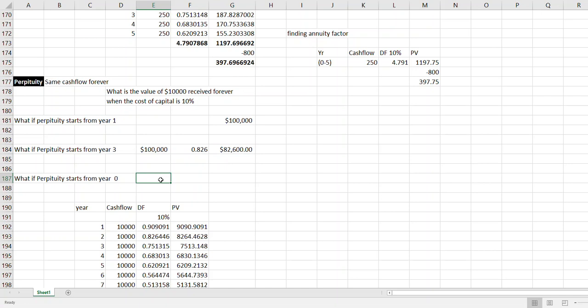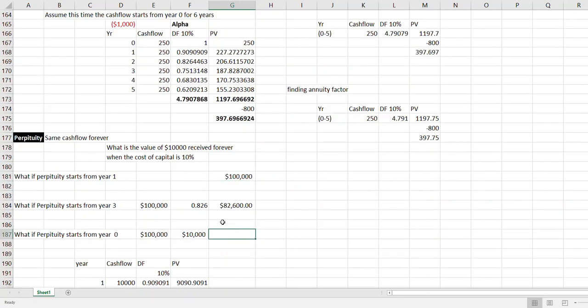Another complication that you might have is if perpetuities start from year 0. This 100,000 remains the same. Now, if it starts from year 0, normally this calculation starts from year 1, so we just have to add 10,000. This calculation doesn't include this 10,000 received in year 0. And what is the value of this 10,000? 10,000, because the discount factor in year 0 is 1.